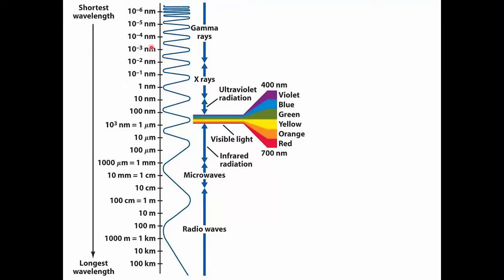The divisions between X-rays and gamma rays, those are just man-made selections that we've made. It isn't like there's any definite wall between gamma rays and X-rays. It's just we chose some spot to say that, okay, these are gamma rays down here and these are X-rays down here.